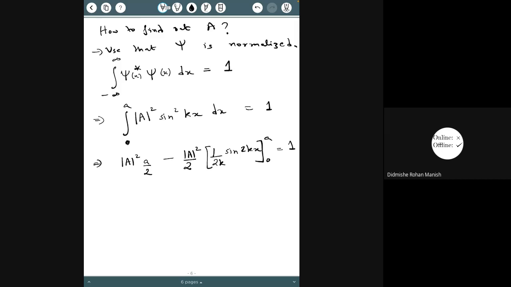Now if you put x equal to a, and k equal to n pi, then you'll have this as 2n pi a. So this will always be 0.